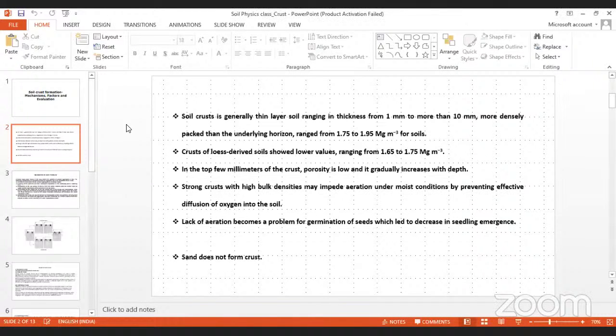The soil crust is basically a thin layer, maybe thick also, present on the surface of the soil, ranging in thickness from 1 millimeter to more than 10 millimeter, and it has a higher bulk density than the bulk soil, that is 1.75 to 1.95 megagram per meter cube. Silty soils are more prone to crust formation, and true sand does not form any crust.